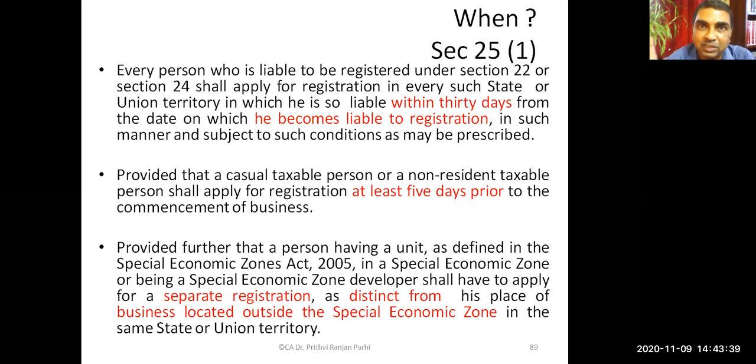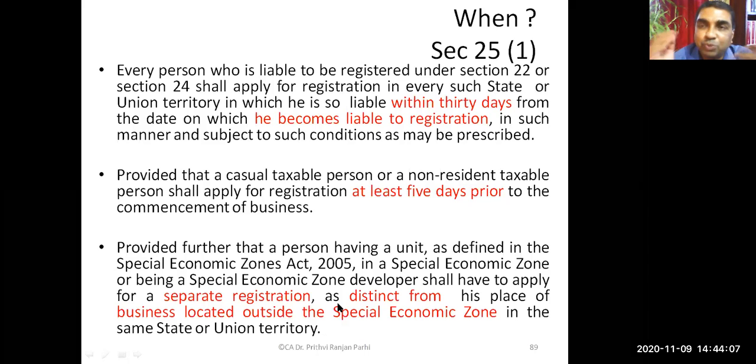Before commencement of the business, at least 5 days prior, the casual taxable person, CTP, and NRTP should apply for registration. Others need to apply within 30 days from the date they become liable for registration. So this is the time limit for applying for registration. Okay, is it clear?